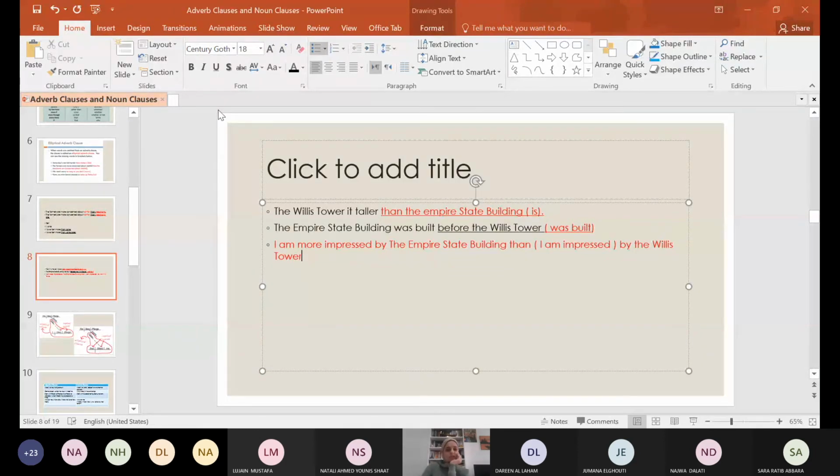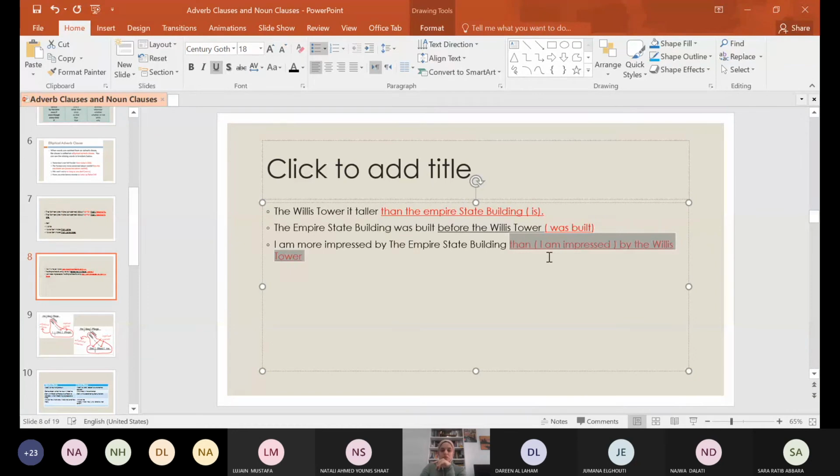So it should be: I am impressed by the Empire State Building. This is an independent clause. Then, than by the Willis Tower. He eliminated I am impressed. He eliminated all of it.